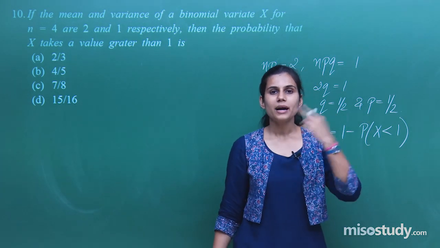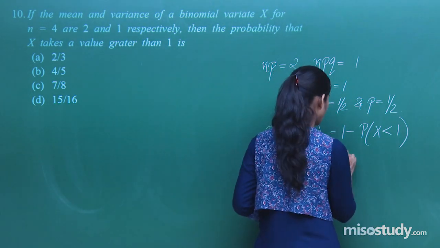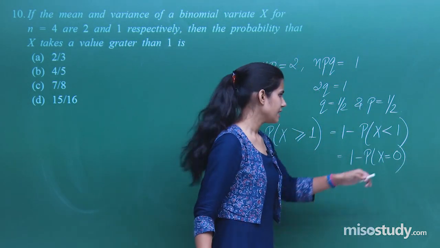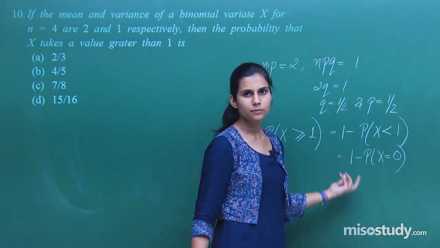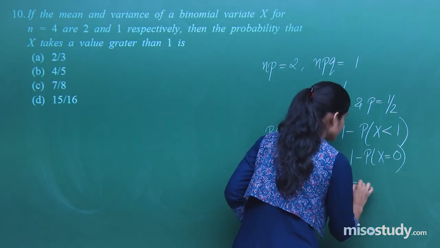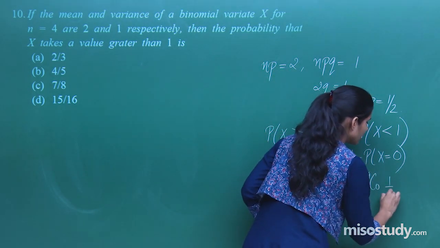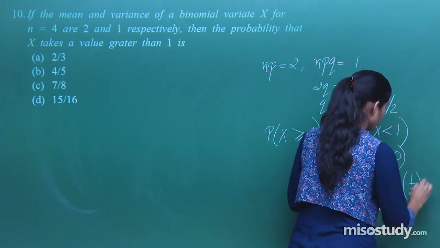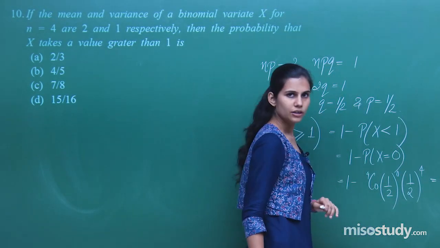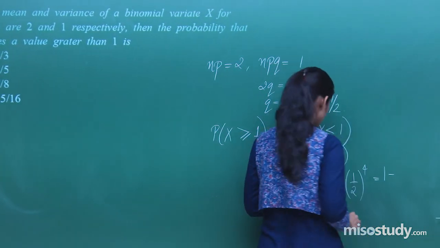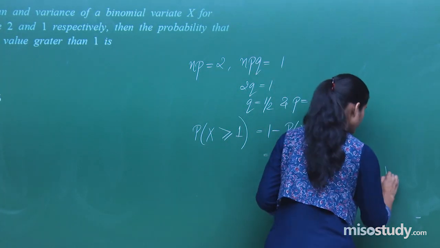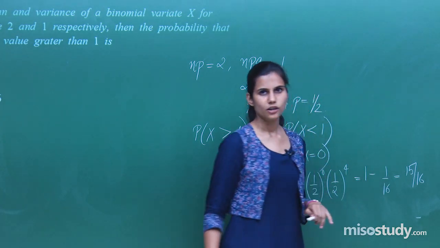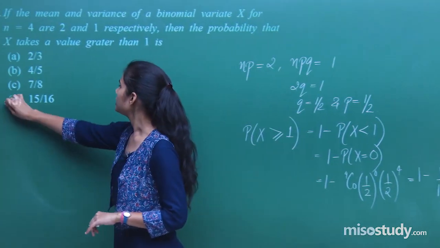So it is nothing but 1 minus probability of x equals 0, right? Because x less than 1 is the same as x equals 0. There is nothing more less than 1. So what is this? This is again 4c0, p to the power 0, q to the power 4 minus 0. So this becomes 1 minus, this is 1, this is 1, this is 1 by 16. So this becomes 15 by 16. So your probability is actually 15 by 16.